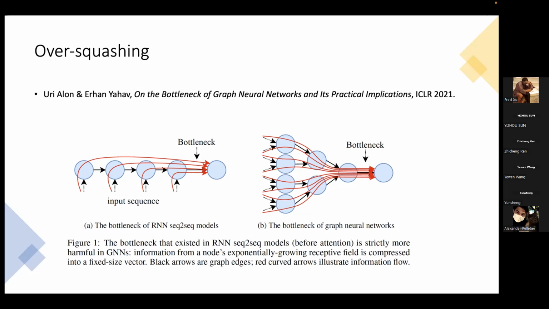So this is basically saying that if you have a not too high dimensional vector to embed your nodes, and all this information goes through, then you have this bottleneck, sort of like having a bad internet connection when too much traffic is going in.